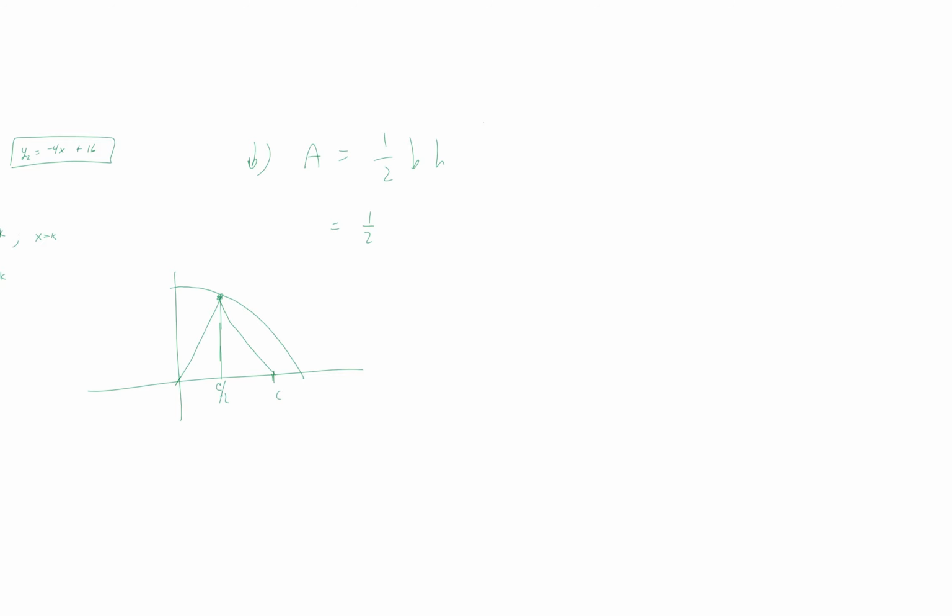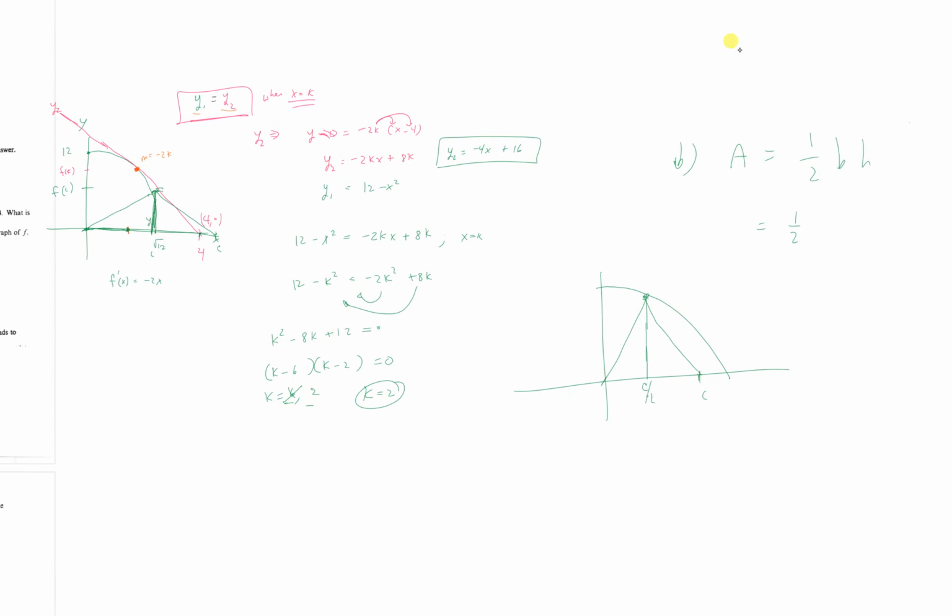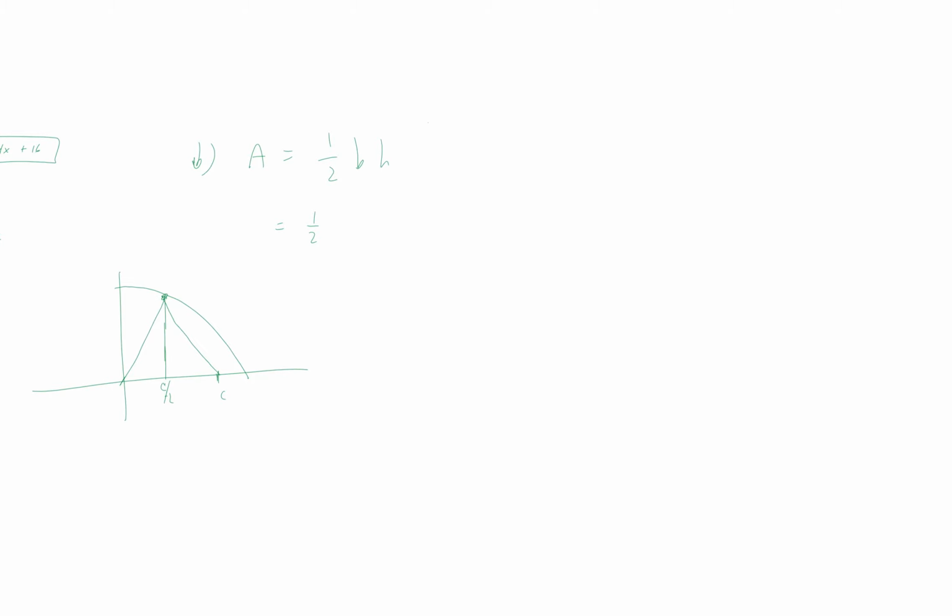I said it was going to be c, didn't I? It's half c, because it's going to have to double like that. It's going to touch c. So you really have to draw this one. So c, half of c, and it's going to be f of c over 2.